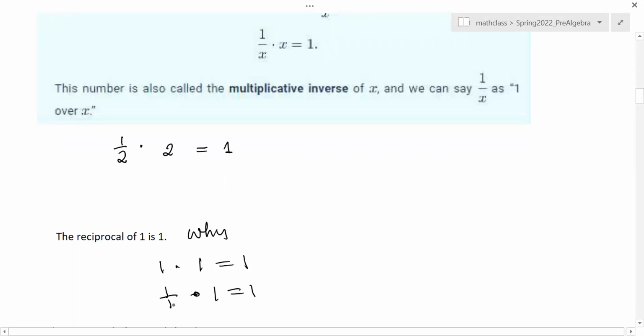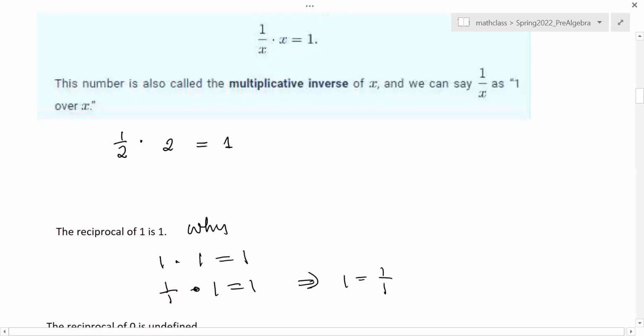That should be the same number, a unique number. Multiplied by 1, it is equal to 1, and that number is called the reciprocal of 1. This is a trivial argument, but we should know it. How do we prove that 1 over 1 is 1?